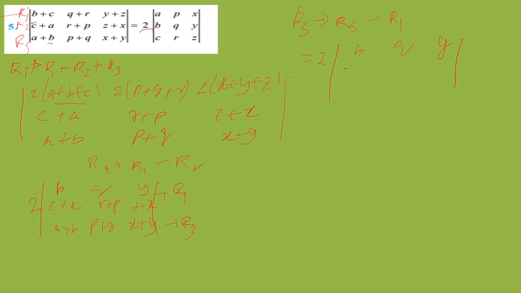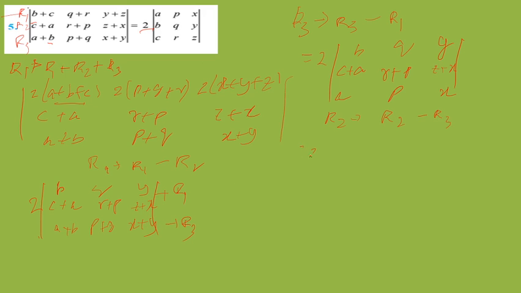The second one is having C plus A, R plus P and Z plus X. What about the third one which we have changed? A B gone, so A. Q gone, so P. Y gone, so X. The last operation is R2 tends to R2 minus R3.